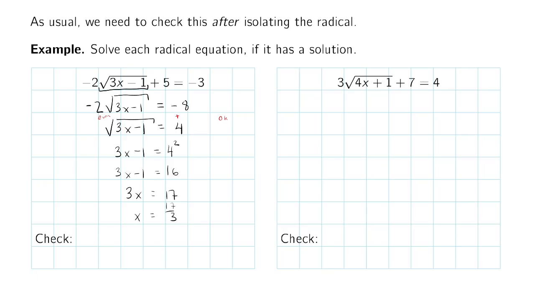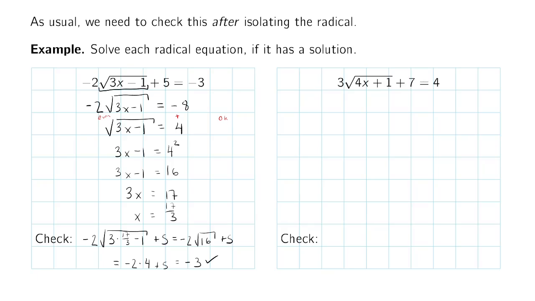To check that that's correct, we'll say, well, we've got negative 2 times the square root of 3 times 17 thirds minus 1, all plus 5. Working out that arithmetic inside the square root, we'll have negative 2 times the square root of 16, all plus 5. So negative 2 times 4 plus 5. That's negative 8 plus 5, which really is negative 3. So that worked.